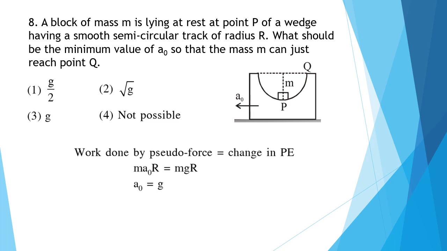Now the pseudo force is MA0 and the work done will be MA0 R, and the change in potential energy will be mgr because there will be a change in distance, that is r. Therefore we get A0 should be equal to g. So the correct answer will be option 3.